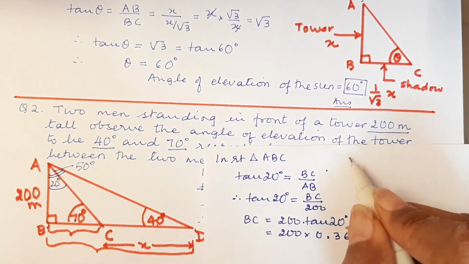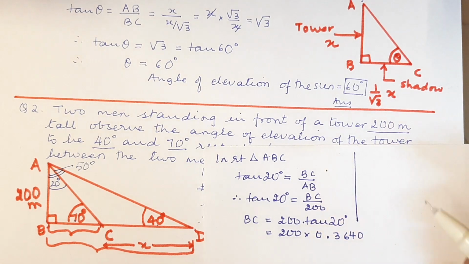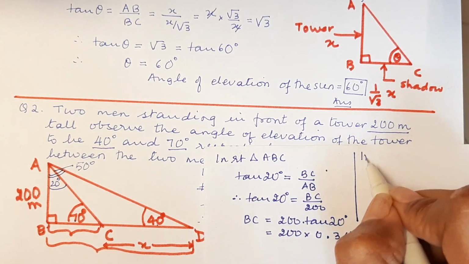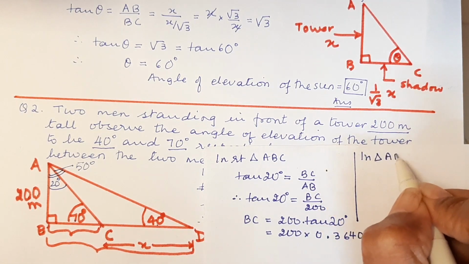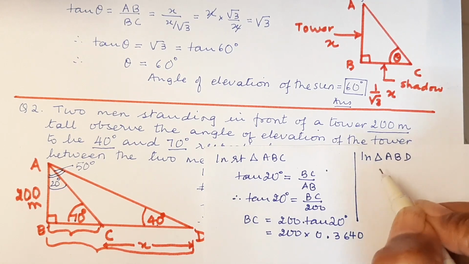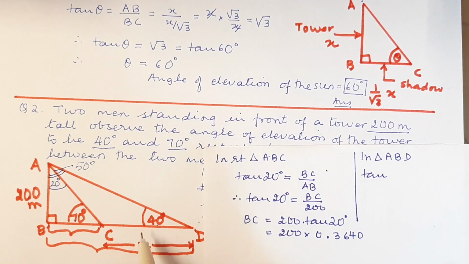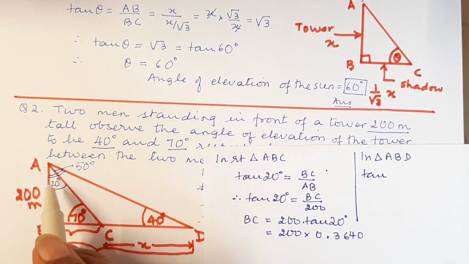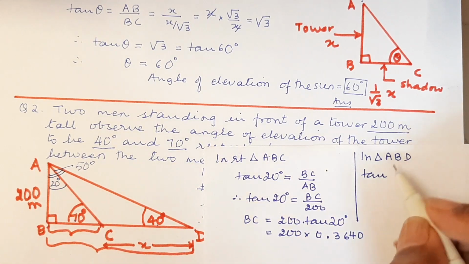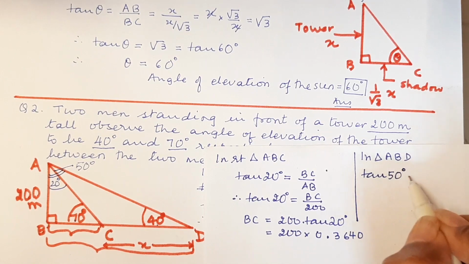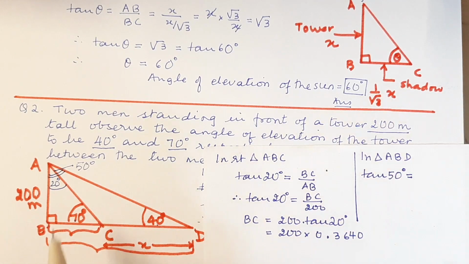Now let us look at the second triangle. In triangle ABD, we would take now not tan of 40 but tan of 50 degrees. So tan of 50 degrees is equal to, for 50 opposite is BD and adjacent is AB.